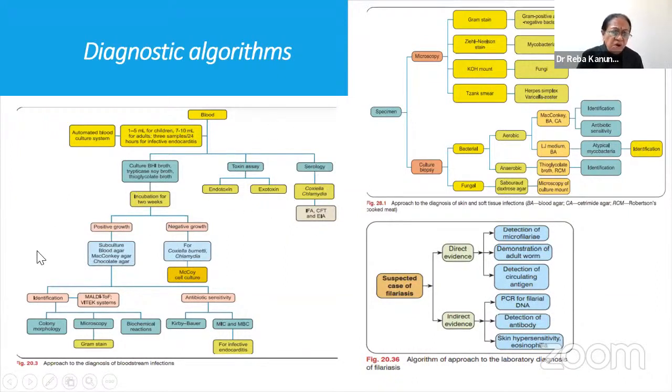So the whole thing is put in the form of a flow chart or an algorithm. This algorithm will be helpful for them to retain and to recapitulate, and it includes the various newer methods also, which have been incorporated into this. So for bloodstream infection, or in the case of filariasis, how do you do it? For most of these common infections, we have the diagnostic algorithm.